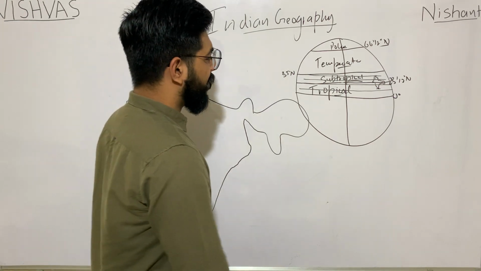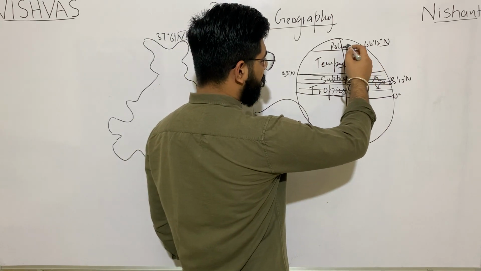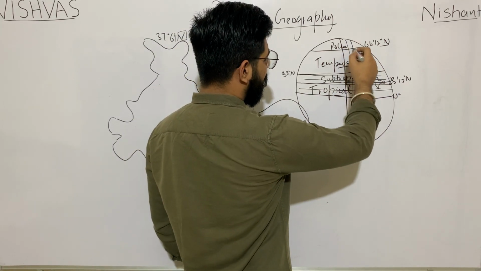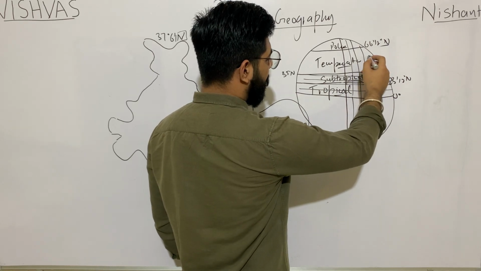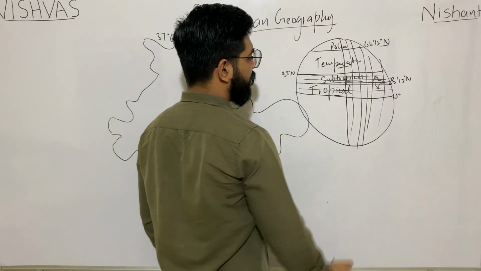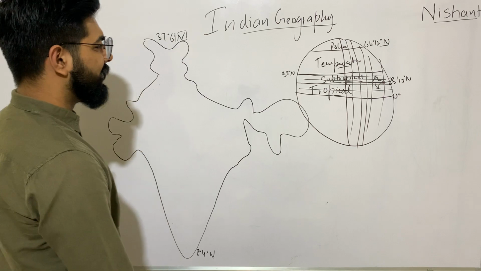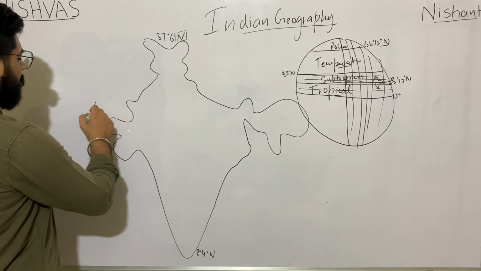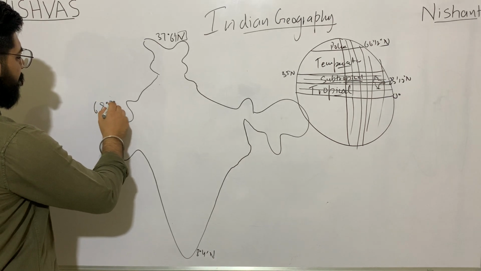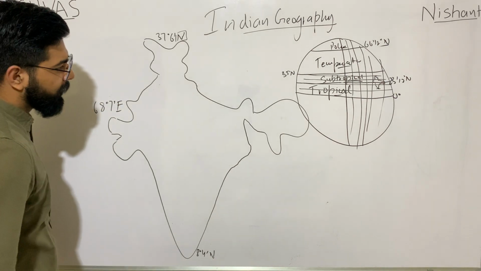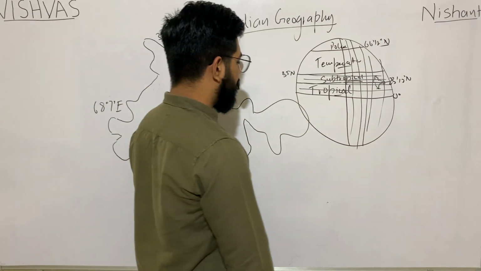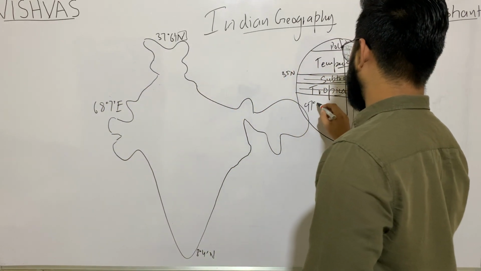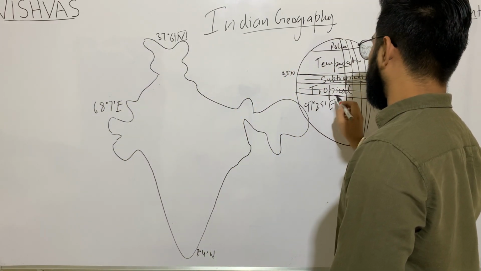As per Earth, it will be 8 degree 4 minutes north only. Now, if we talk about longitudes, all the longitudes east of the prime meridian will have E, or so-called east, at the last. So here it will be 68 degree 7 minutes east, and here it will be 97 degree 25 minutes east.